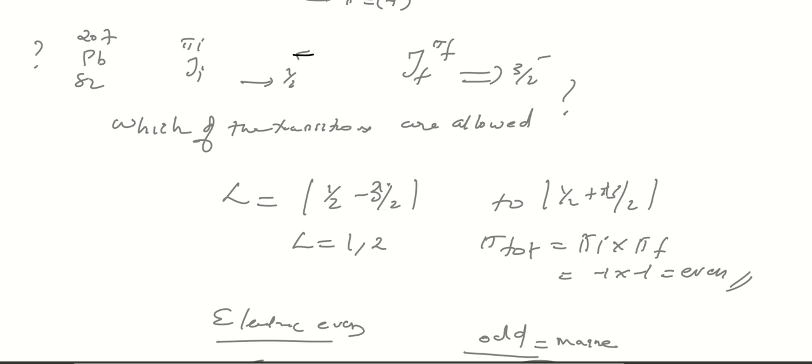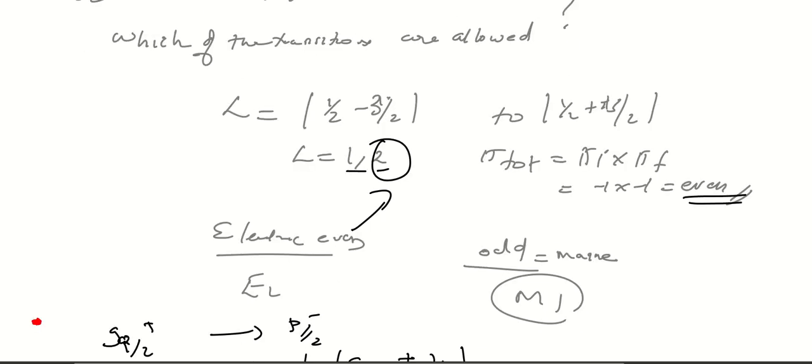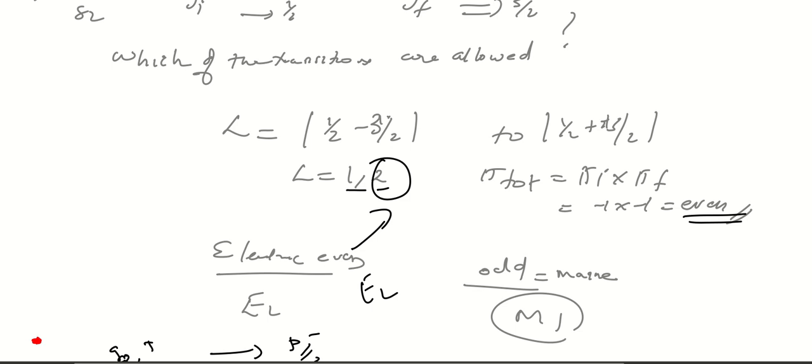So 1 and 2 are the two angular momenta, and pi total is equal to pi i into pi f, which is even. So there is no parity change, so electric is for even only; the 2 is even, so that is electric. E2 and M1 are there.